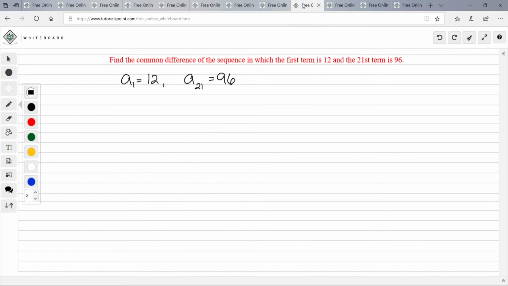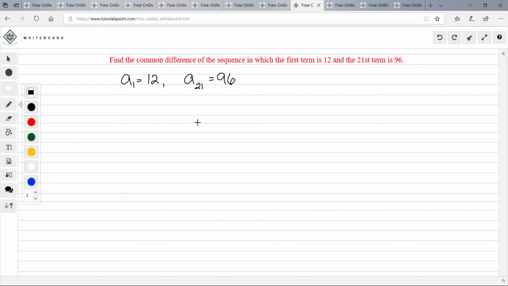Find the common difference of the sequence in which the first term is 12 and the 21st term is 96. So our first term is 12 and our 21st is 96, and we got to find the difference.